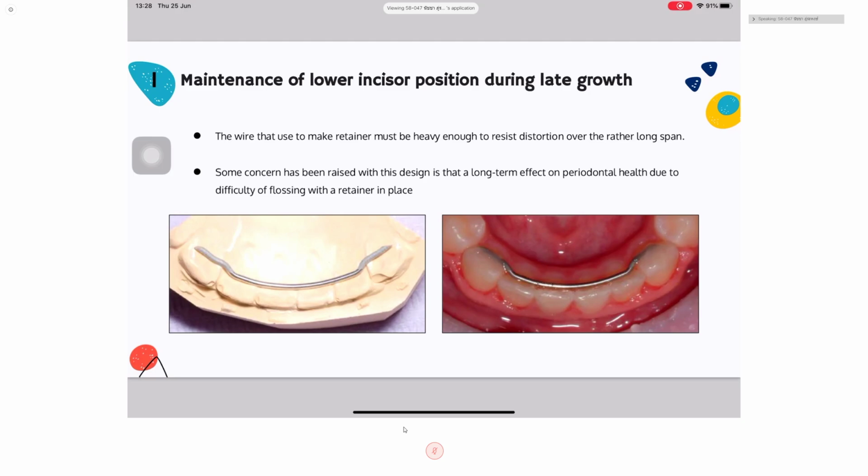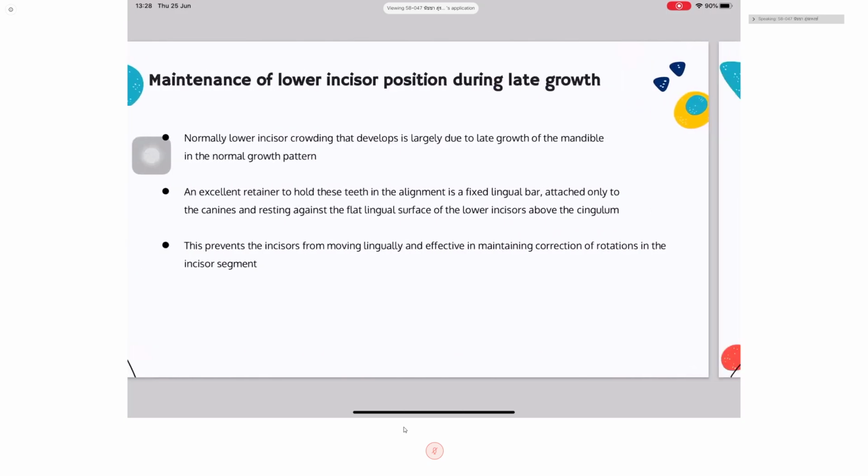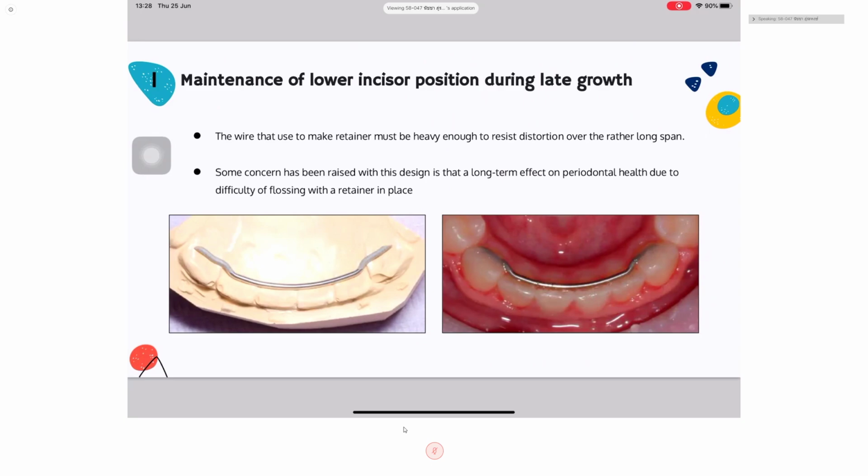This prevents the incisors from moving lingually and is effective in maintaining correction of rotation in the incisor segment. The wire used to make the retainer must be heavy enough to resist distortion over the rather long span. Some concern has been raised that this design may have a long-term effect on periodontal health due to difficulty flossing with a retainer in place.